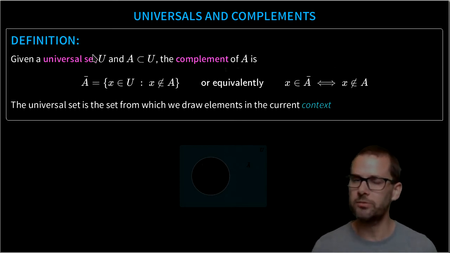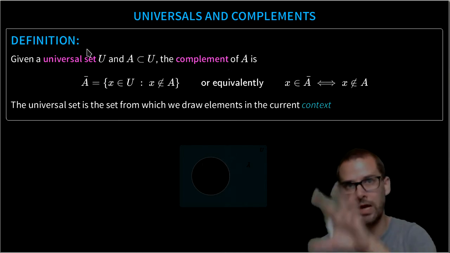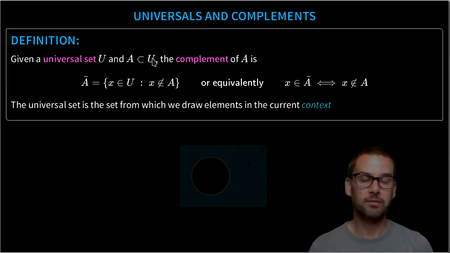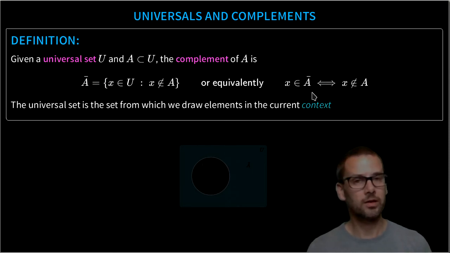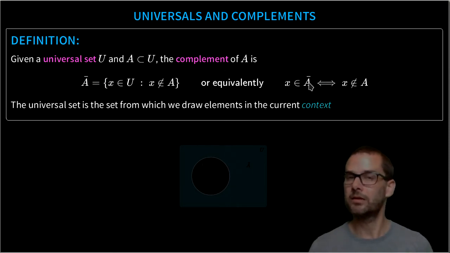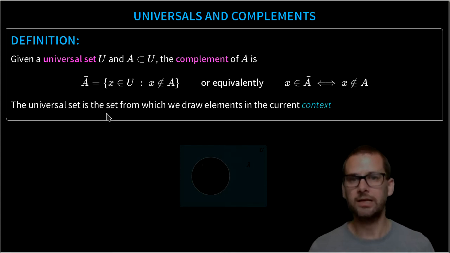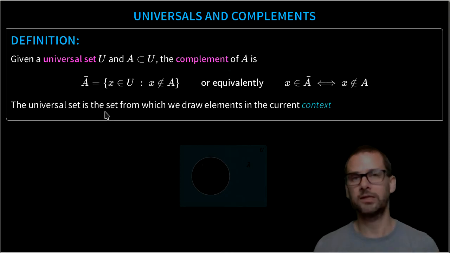But so given some universal set U, which is telling us where we're playing with our current bit of mathematics, and a subset of that universal set, then the complement of A, which we denote here with this little bar atop A, is just the elements in this universal set that aren't in A. Or equivalently, we can write that X is in the complement of A if and only if it's not in A.